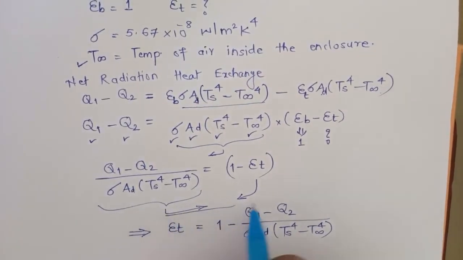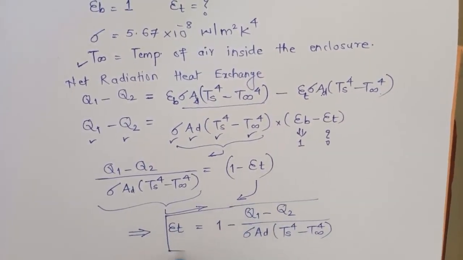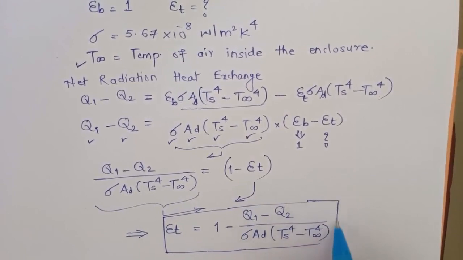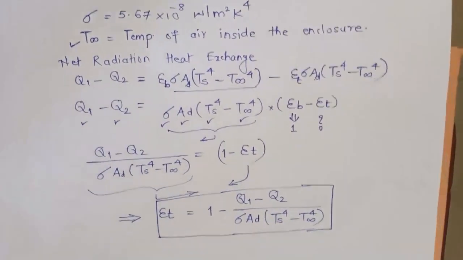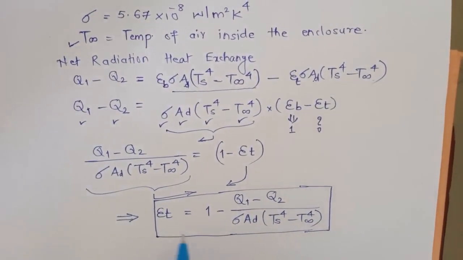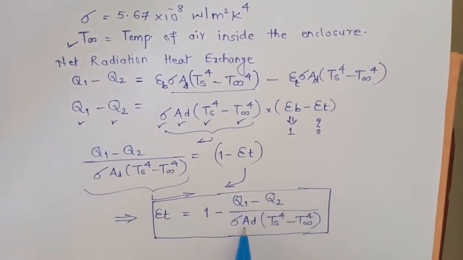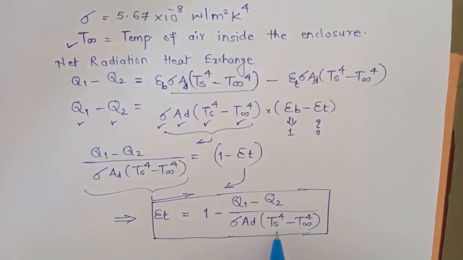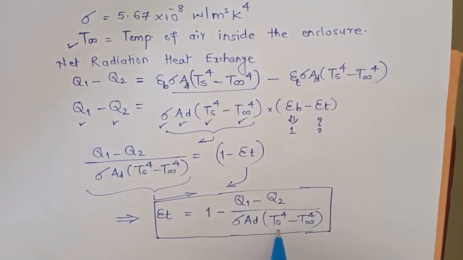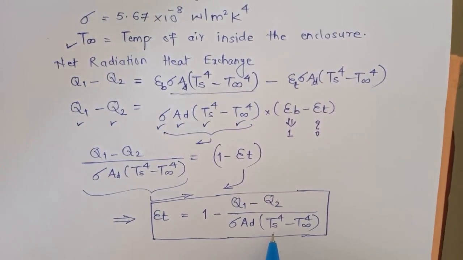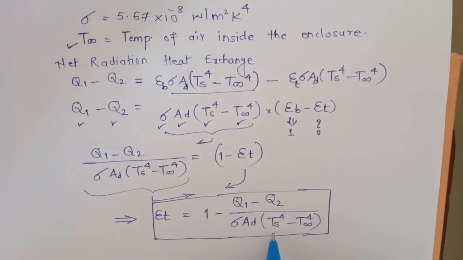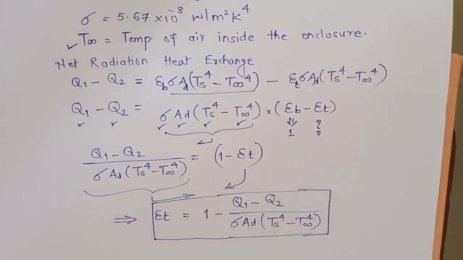So this will be your expression for determination of the emissivity of the test surface. Once we substitute the readings, this emissivity will automatically be calculated, because we know all the other parameters. If there are multiple thermocouples on the test plates, then Ts can be obtained as the average temperature of all these thermocouples. So I hope this is useful. Thank you.